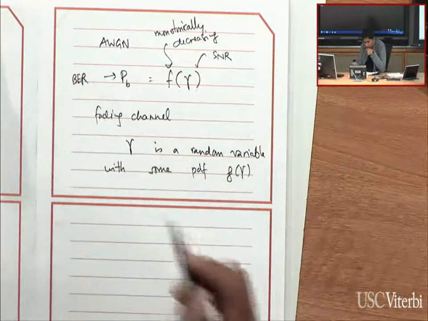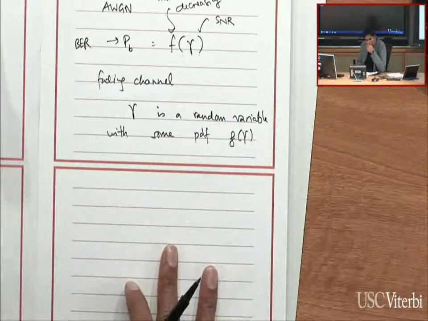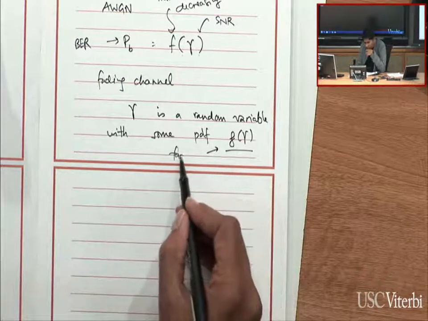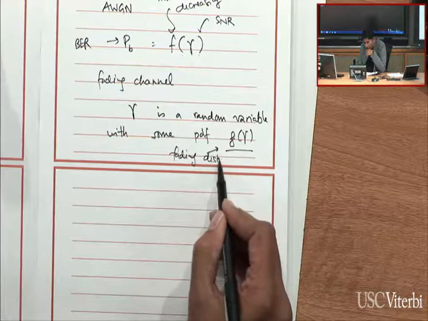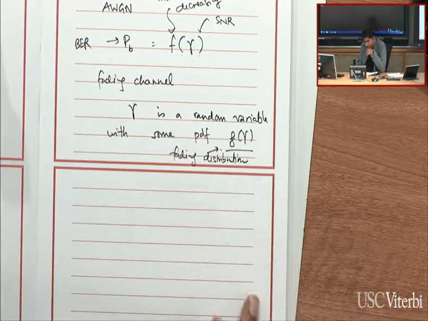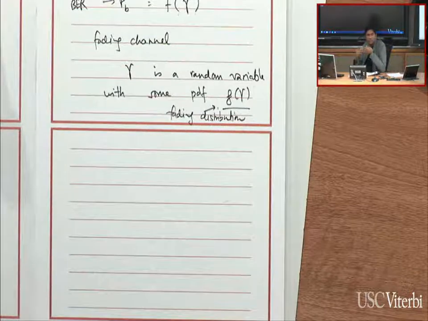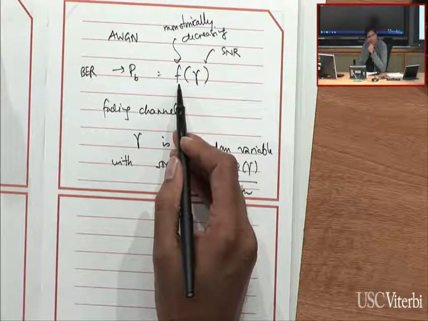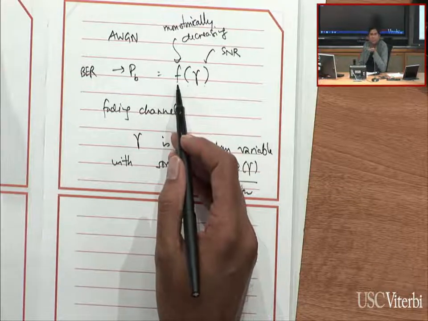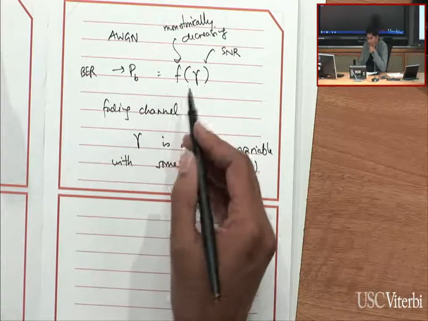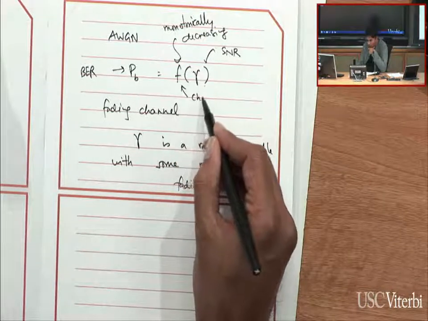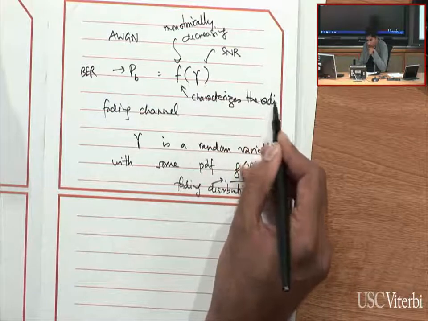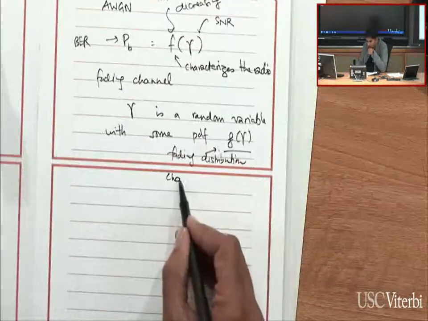So this distribution, which we call a fading distribution, is something that characterizes the radio environment. This function characterizes the radio itself, the modulation scheme you're using, and the fading distribution characterizes the environment.